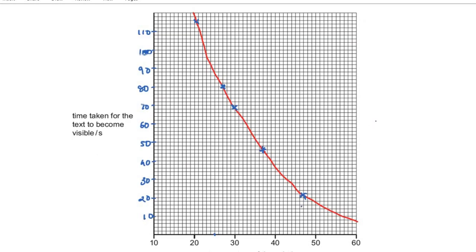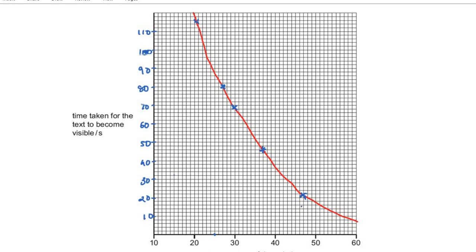So here you can see I've completed the graph, and on the y-axis I've taken time in seconds. I've chosen a suitable scale, where the time was ranging from 20 to 116. I've chosen 5 units as 10 seconds, so it covers all of our seconds till 116.